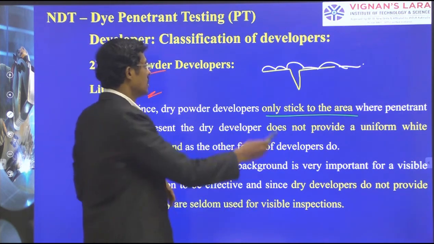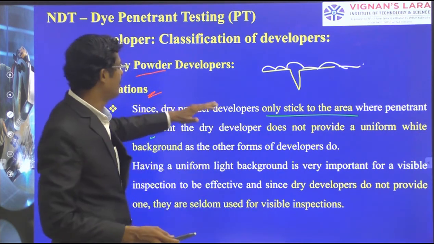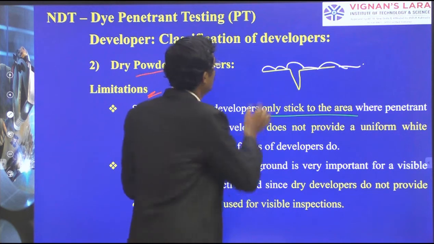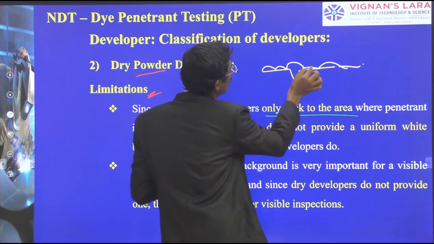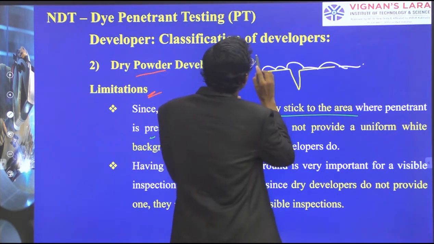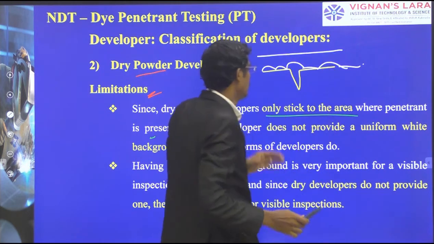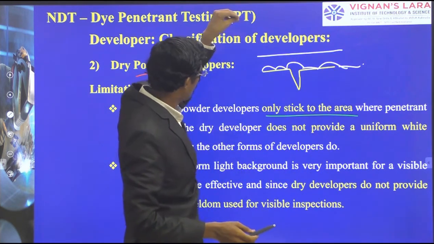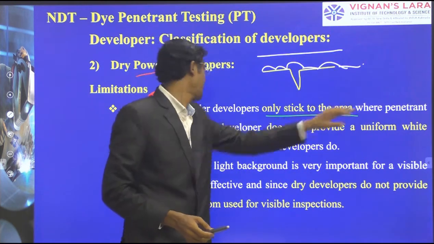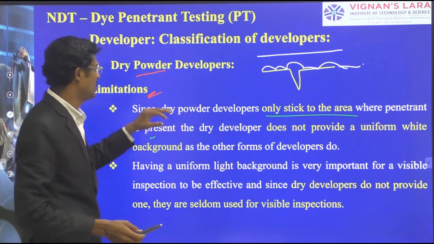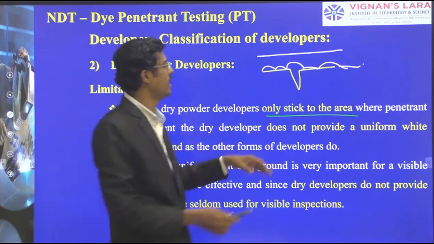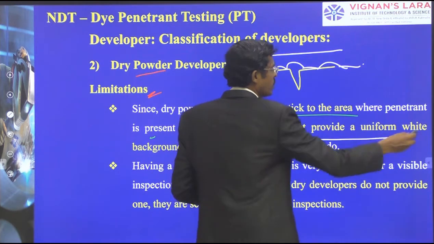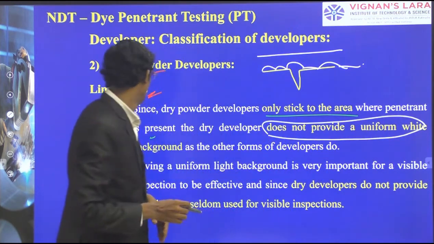Therefore, since the dry powder developer only sticks to the area, it is not a fluid to flow all over and make a uniform line, uniform thickness. Wherever you put it, it sticks there itself only. So the dry developer does not provide a uniform white background.